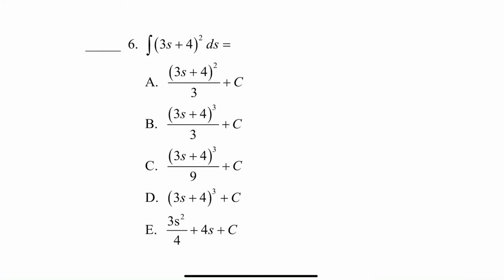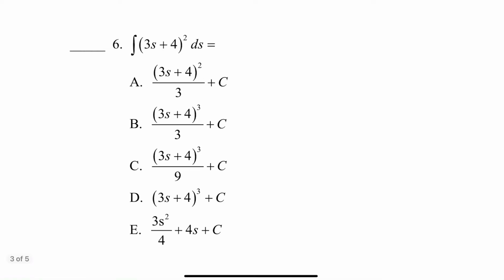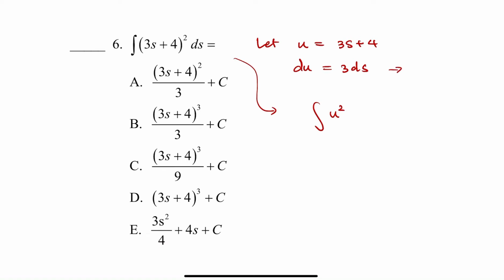This one you can do two ways, but looks like a u sub will be best way to approach this. So let's say u equals 3s plus 4. So when you take a derivative both sides, du equals 3ds. So that equation changes to integral u square. So instead of ds, 1 over 3 du equals ds. So that's 1/3 and du.